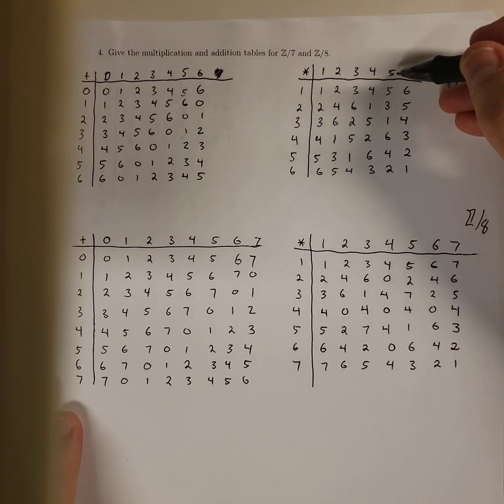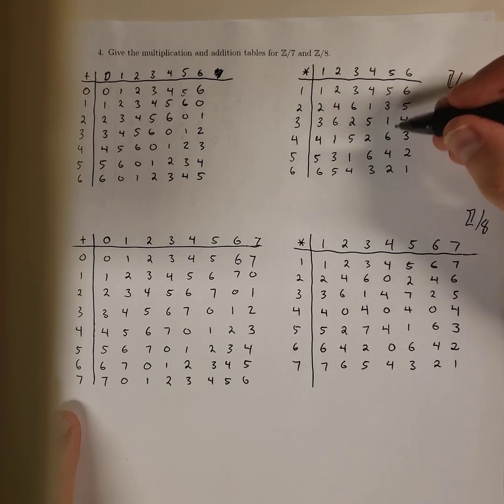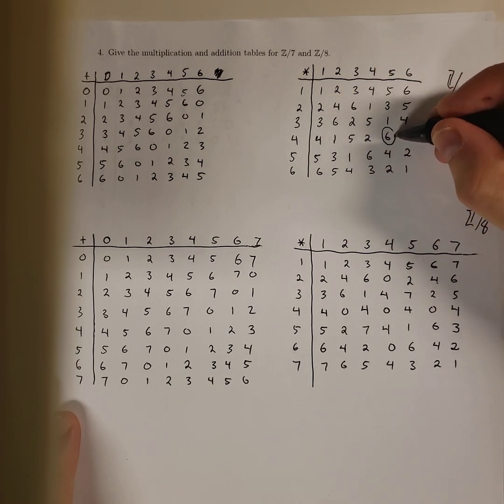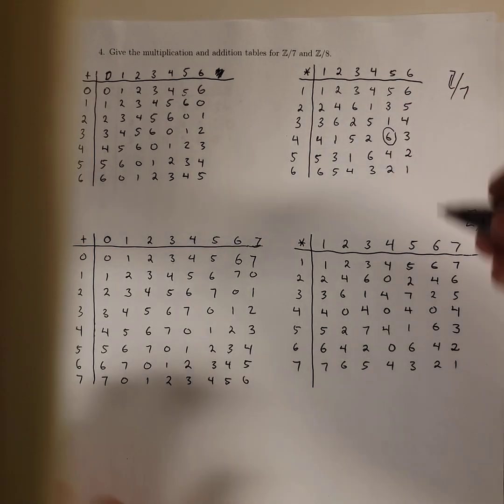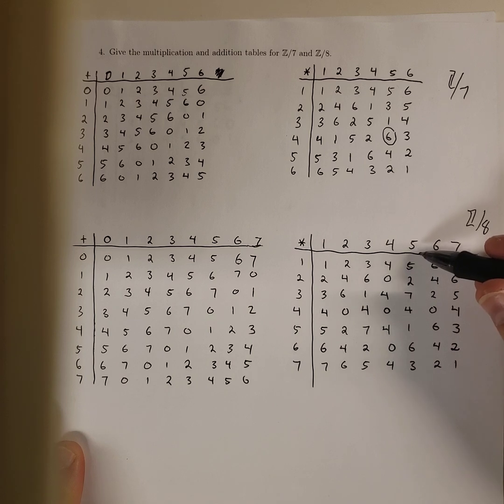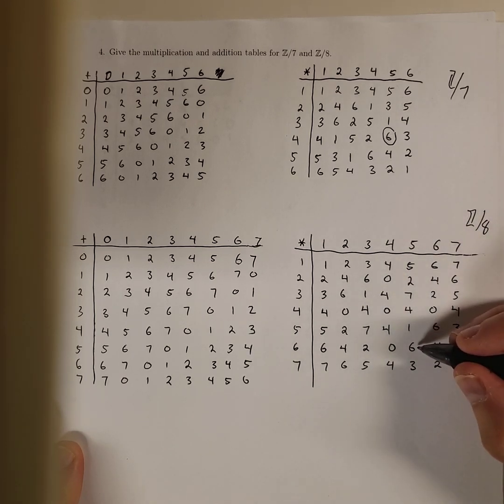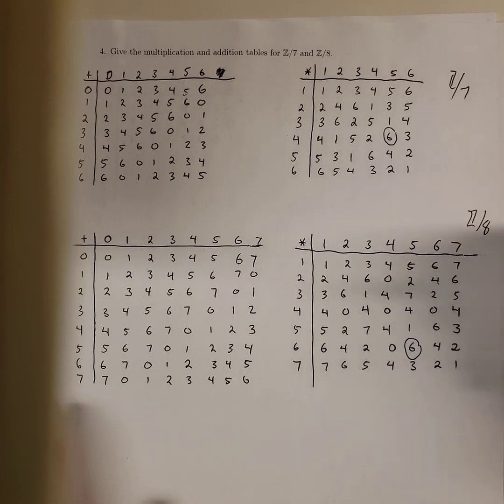Like if I did 4 times 5, that would be 20. But if I divide that by 7, I get a remainder of 6. So each one of these is the remainder after you do the multiplication. And over here, if I did 6 times 5, that would be 30, but mod 8, that would give a remainder of 6.